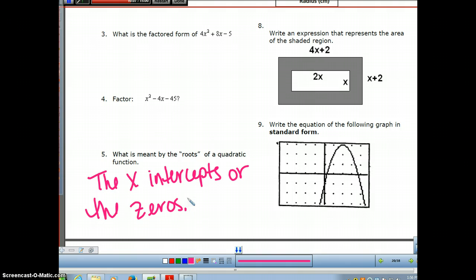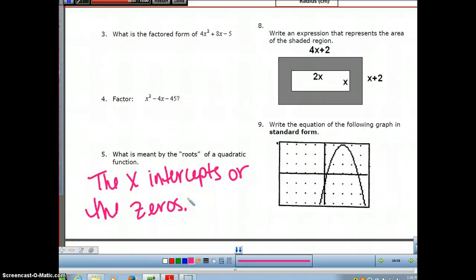Where'd you find that? Process of elimination by looking on there. Where else could you possibly have found it? Probably in your book. If you still couldn't find it in your book, what else could you have done? Google it. All right. So we're good. We got that one done.